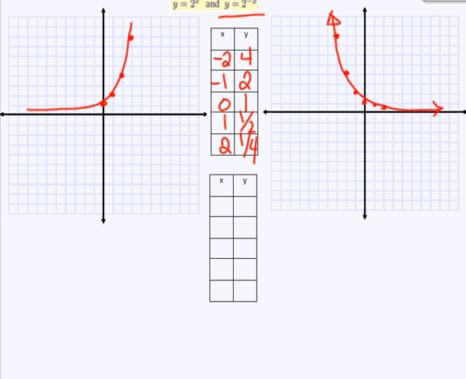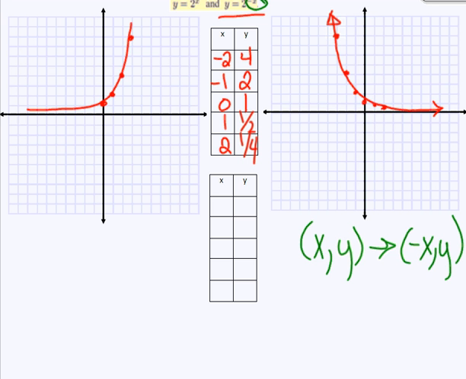What's happened though? Well, we've had a reflection over the y-axis. And that makes sense because look, it's a negative x, right? When we have the mapping (x, y) goes to (negative x, y), that's going to be a reflection over the y-axis.